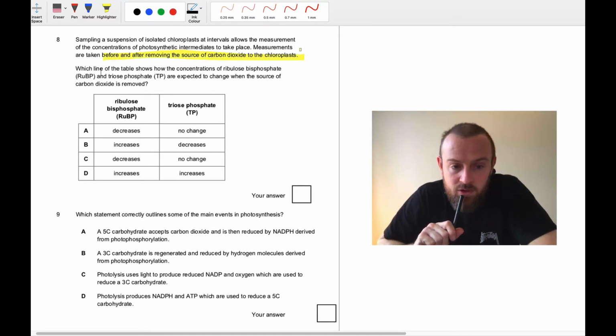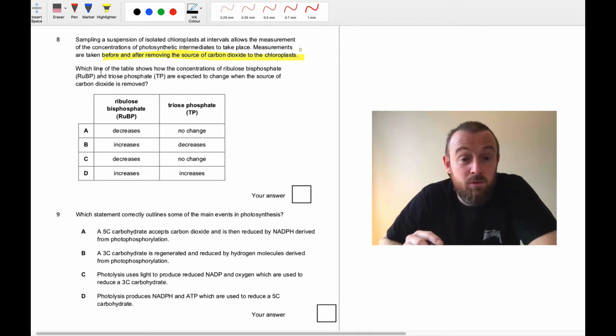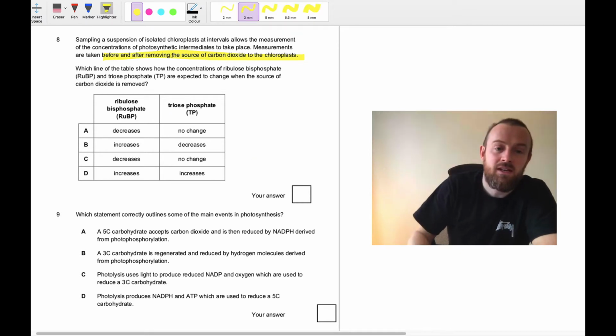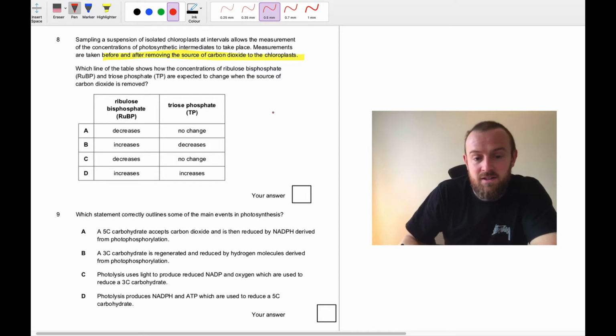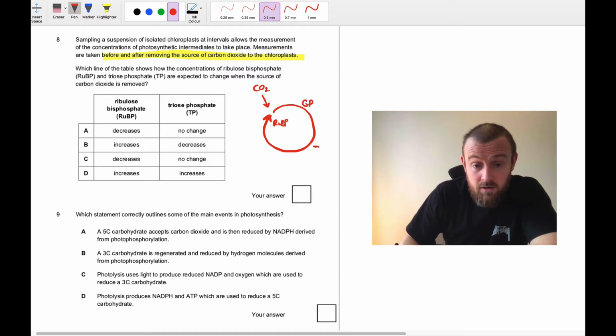Which line of the table shows how the concentrations of ribulose bisphosphate and triose phosphate were expected to change? Okay, so you need to think about the Calvin cycle. CO2 is kind of coming in here. You've got RUBP just before the CO2 comes in, and then you make GP, and then you make TP.